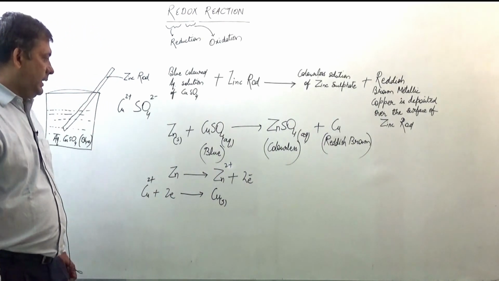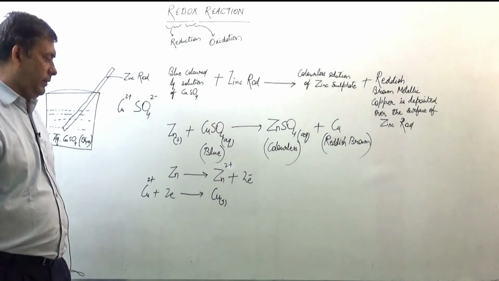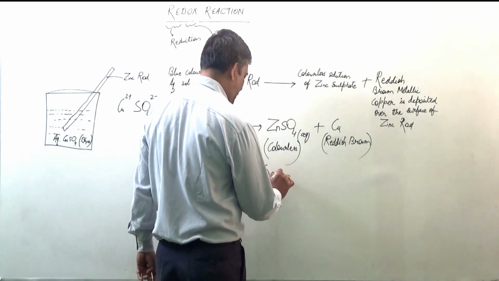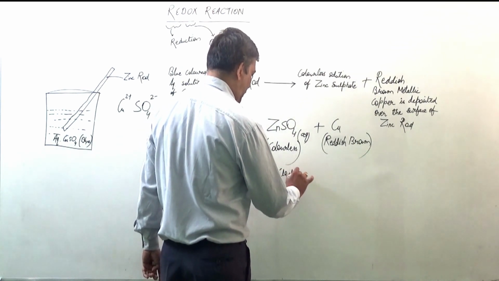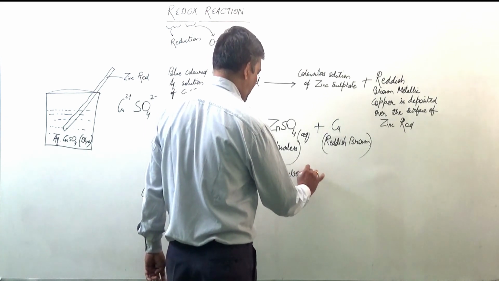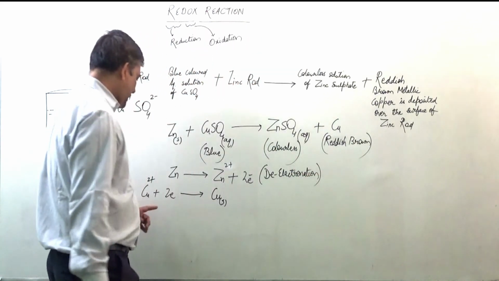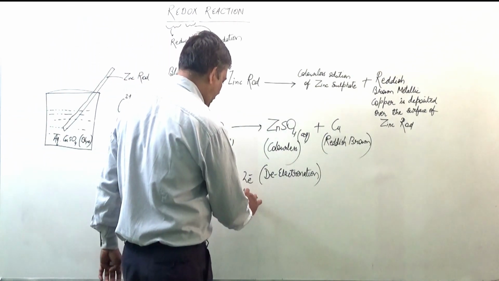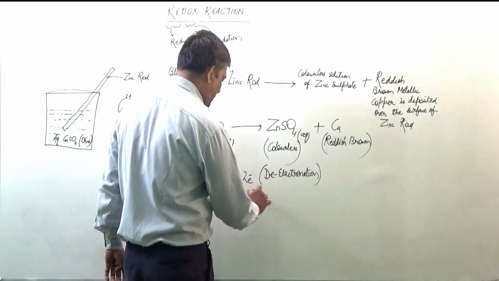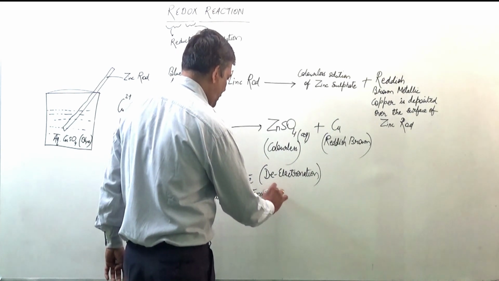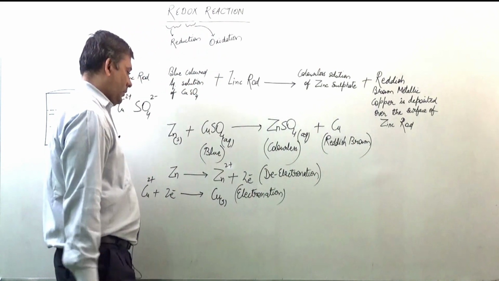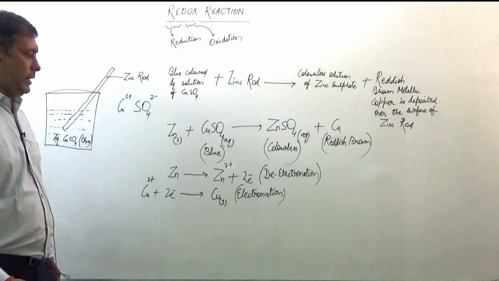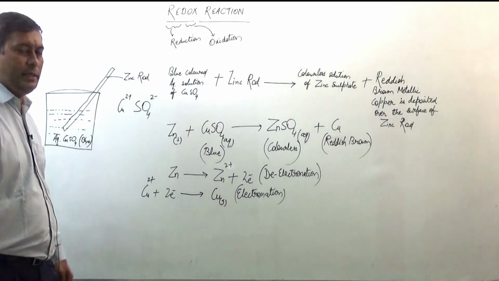The zinc is giving up 2 electrons, and this is also called de-electronation. The process of taking up electrons is called electronation. So in this reaction, we observe de-electronation and electronation taking place simultaneously.